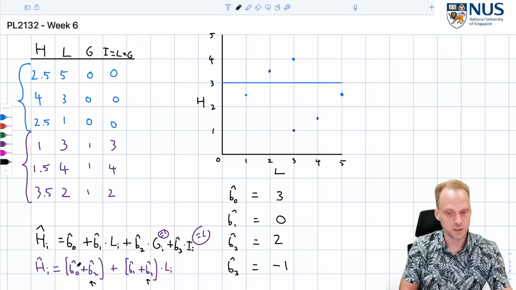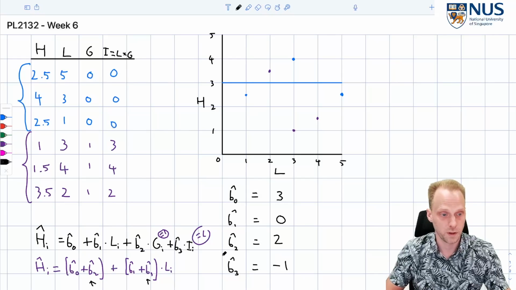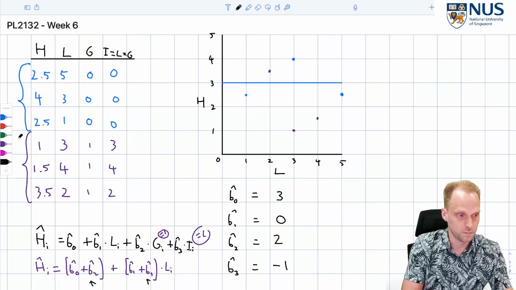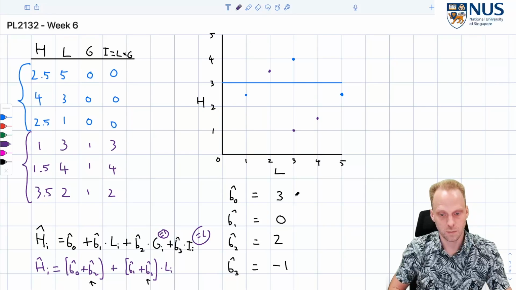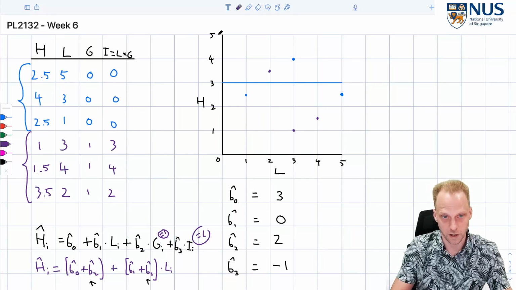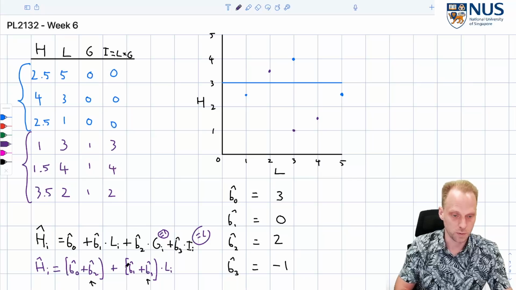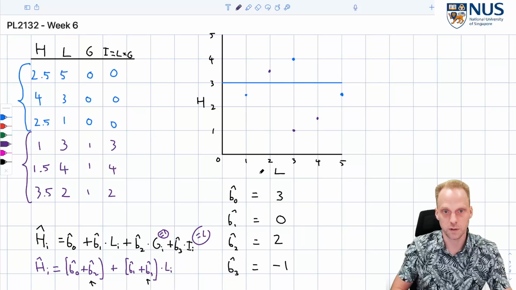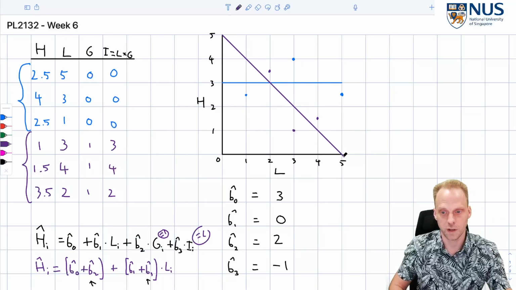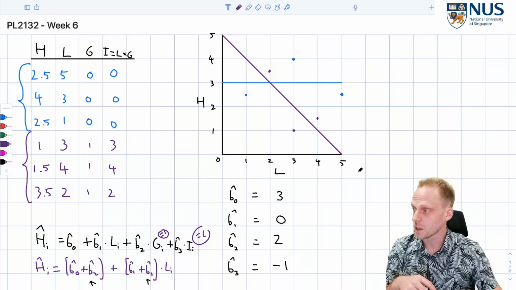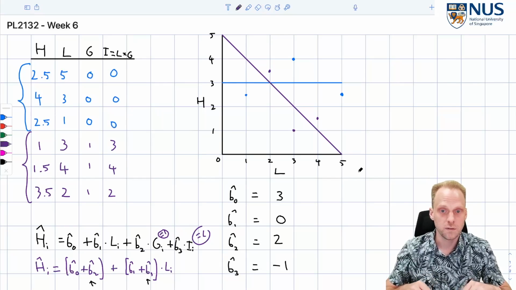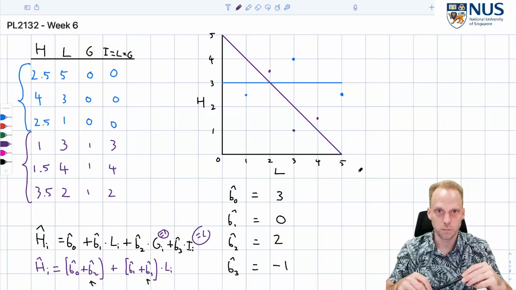And so in this case, we'll see that for the purple line, we will get a new intercept of 3 plus 2 equals 5, and a new slope of 0 minus 1 equals minus 1. We get an intercept of 5, a slope of minus 1, and we get this line. And we now see that this line really nicely fits through the purple points.